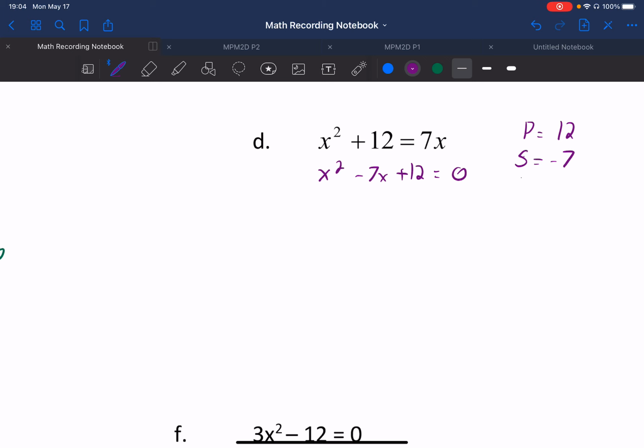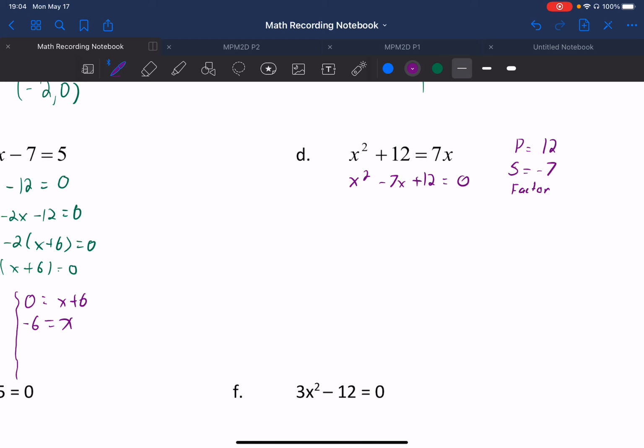What are some factors that we can use here to get negative 7? Well, it'll be negative 3, negative 4. We wrap our brackets, we get x minus 3, x minus 4. Okay, that's our little part here. Make them equal to 0 on both sides. And we get 3 equals x and 4 equals x.